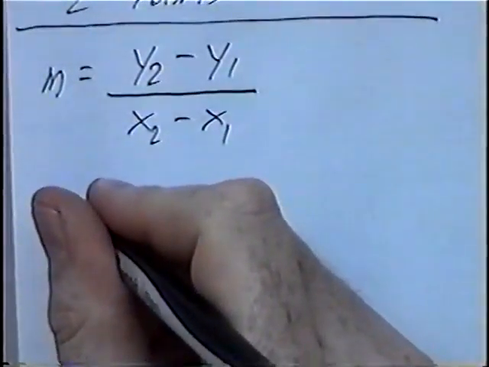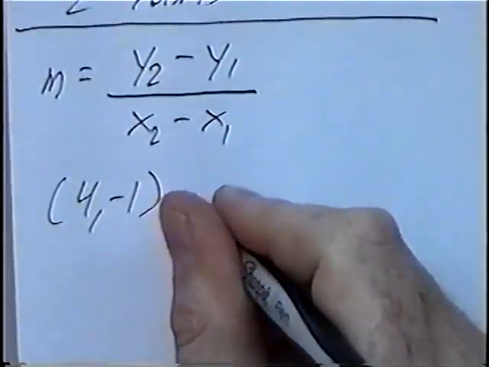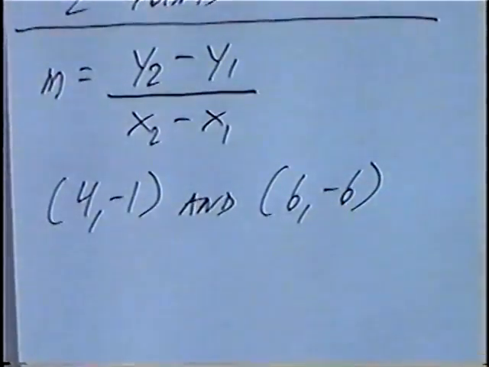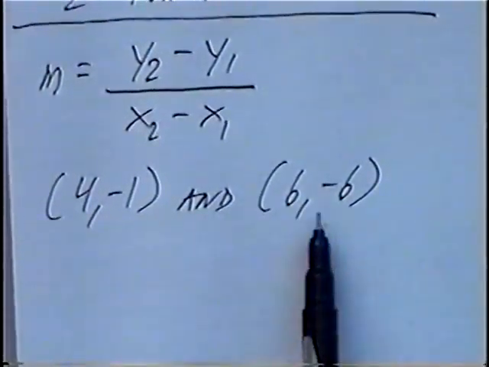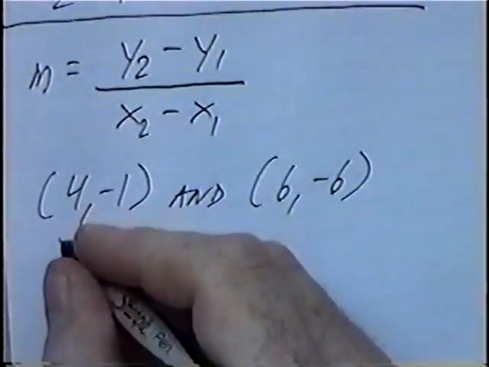First question. First point is 4 comma negative 1. And the second point is 6, negative 6. When using the equations above, the 2 means it comes from the second point, and the 1 means it comes from the first point.